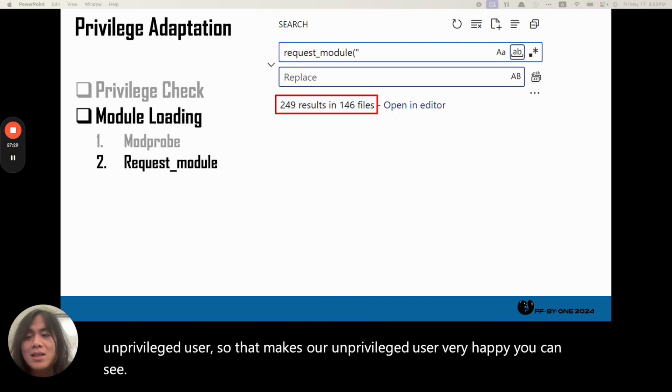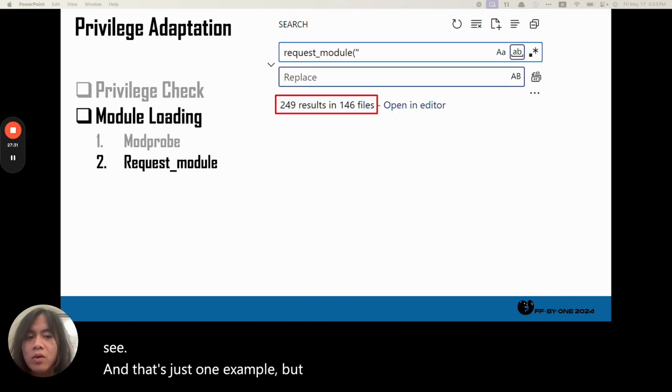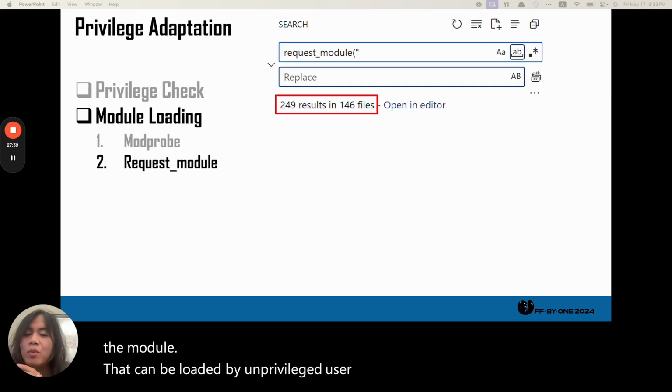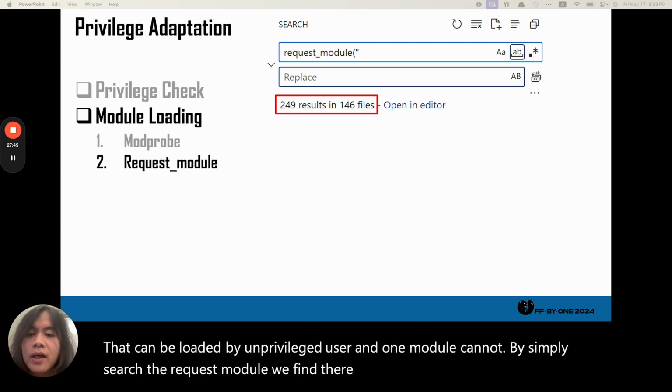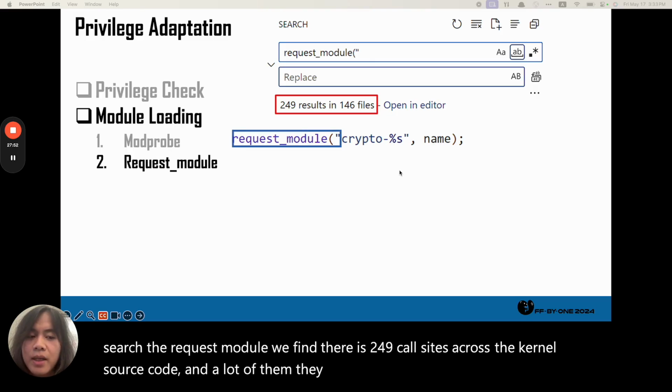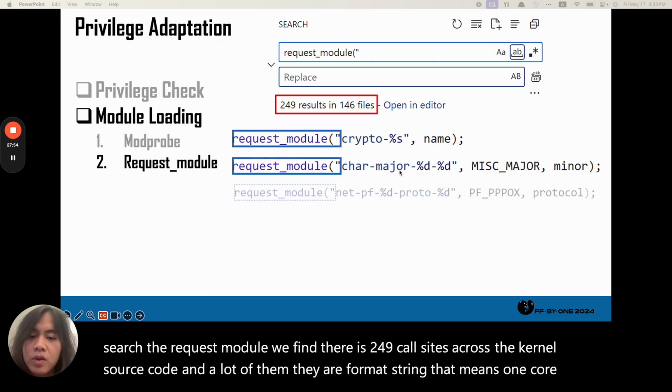That's just one example, but we want to know which modules can be loaded by an unprivileged user, and which cannot. By simply searching for request_module, we find 249 call sites across the kernel source code, and a lot of them use format strings. That means one call site can load multiple kernel modules.